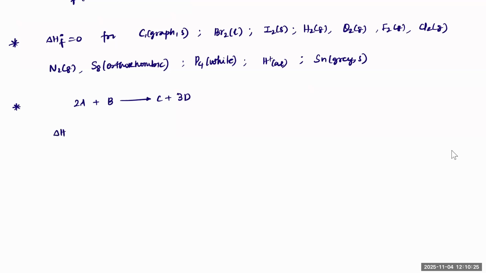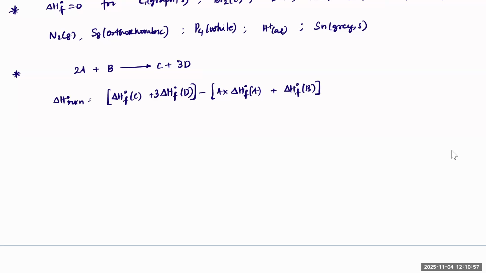Then delta H naught of the reaction can always be written as delta H naught formation of C plus delta H naught formation of D, into 3 times that, minus 2 times delta H naught formation of A plus delta H naught formation of B. Okay, this is what we are supposed to get. Clear?